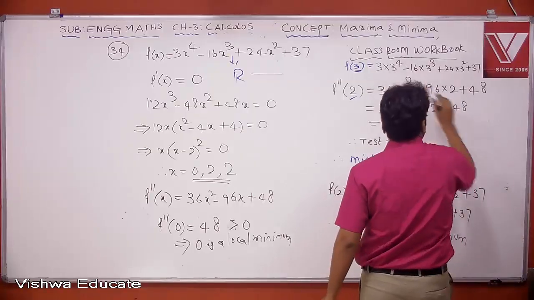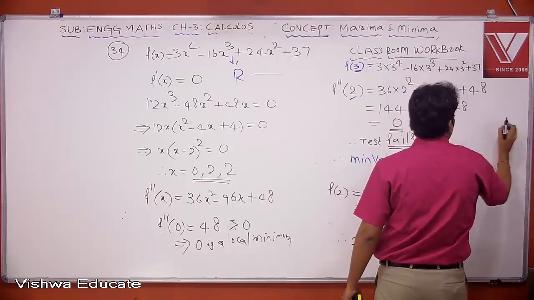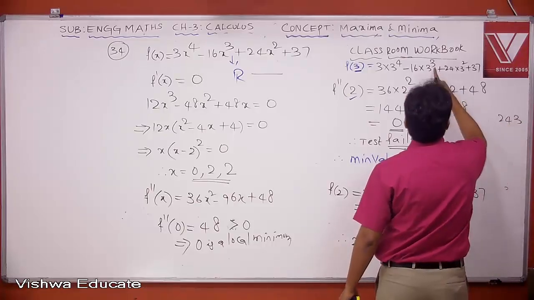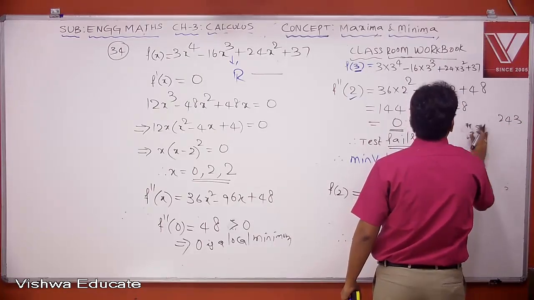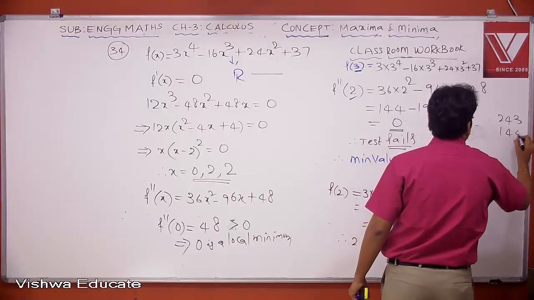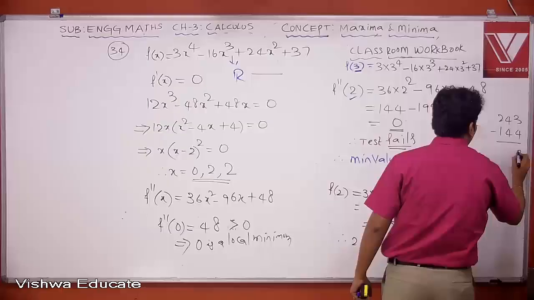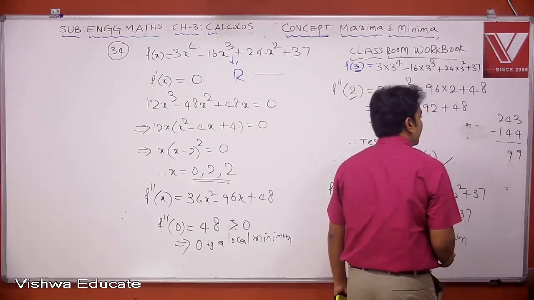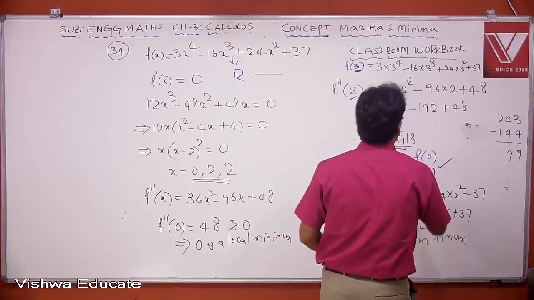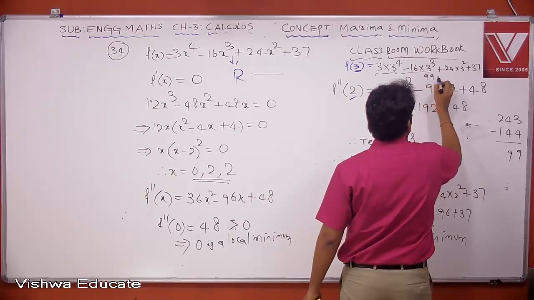So this is 3 into 3 power 4. 3 power 4 is 81. 81 3s is 243. 16 nines is 144. So subtract 144. So in this case the value is 99 up to this moment.